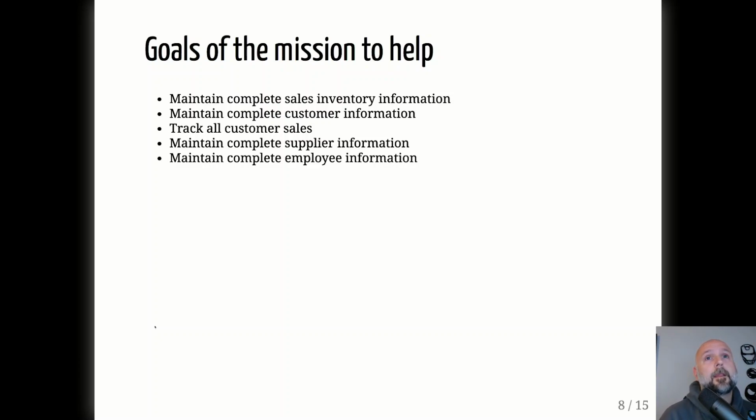So these again are the goals. They're not how do we accomplish it. So I need to know my inventory, but you tell me later how to know my inventory. I need to know my employee information so I can pay taxes. You as a consultant tell me how we're going to maintain employee information and taxes.